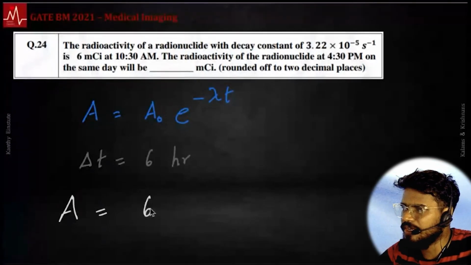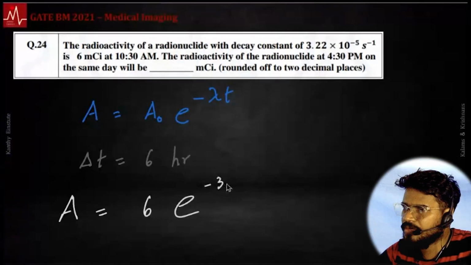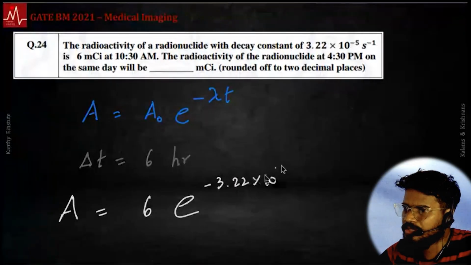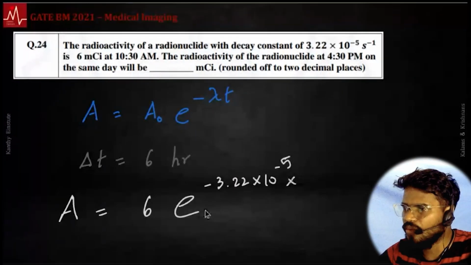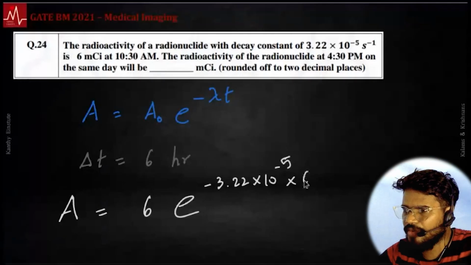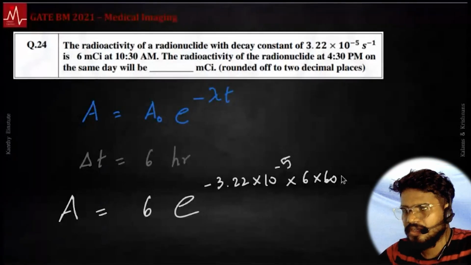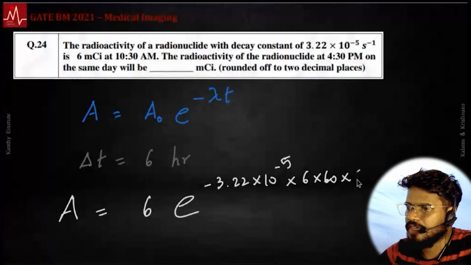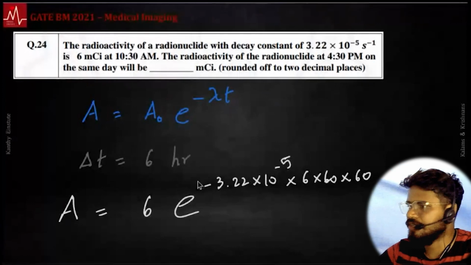So let's do millicurie into e power minus lambda t. Lambda is 3.22 into 10 power minus 5, into time, which would be 6 into 60 into 60, since 1 hour has 60 minutes and a minute has 60 seconds. So this power is dimensionless.